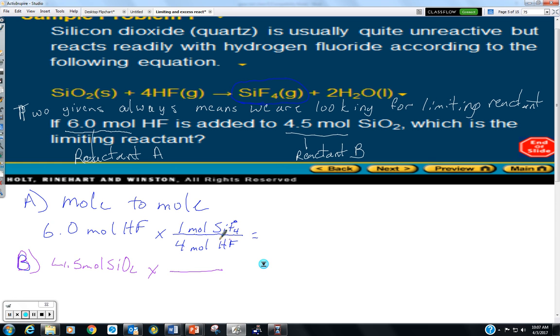Now on this, whichever one of the products we pick, we want to stick with the same product. So we have 1 mole to 1 mole. And the limiting is going to be whichever one is the smaller amount of the two.